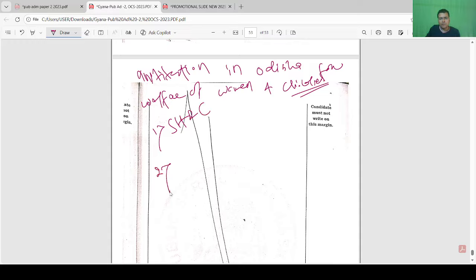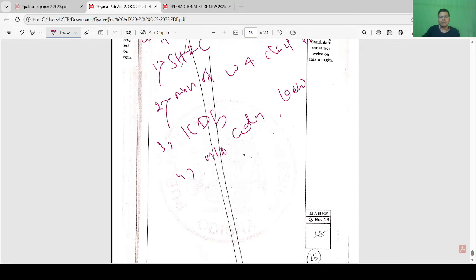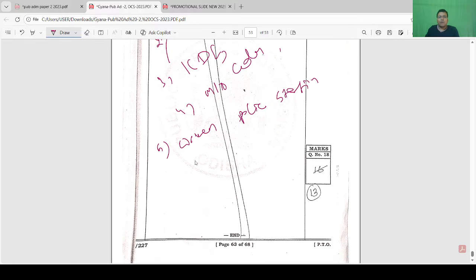State Human Rights Commission, Ministry of Women and Child Development, ICDS, Ministry of Education, Ministry of Law, Women Police Station, and also we can say National Commission for Women, State Social Welfare Board.